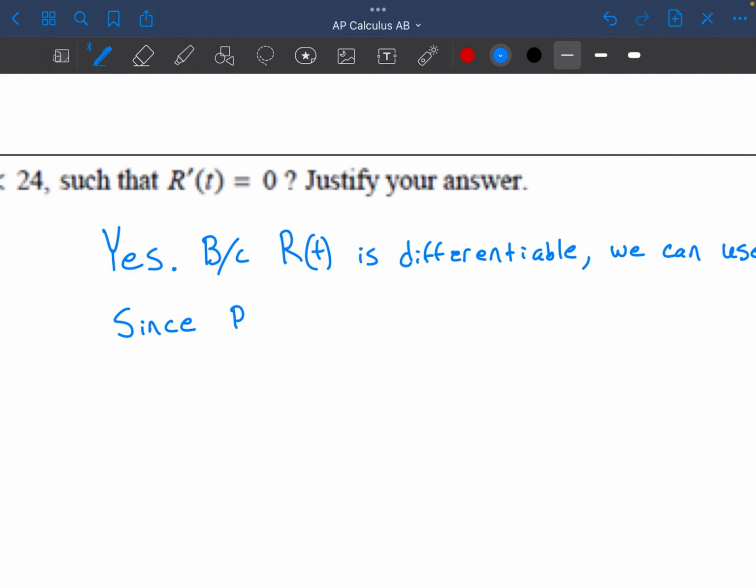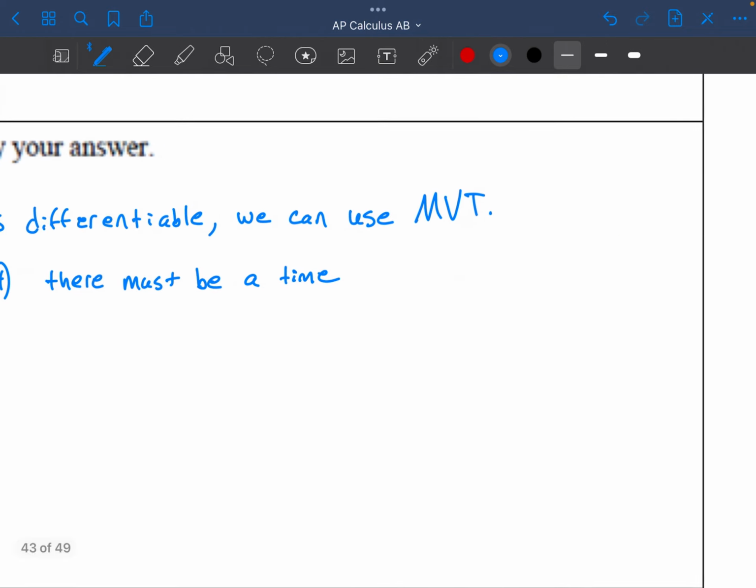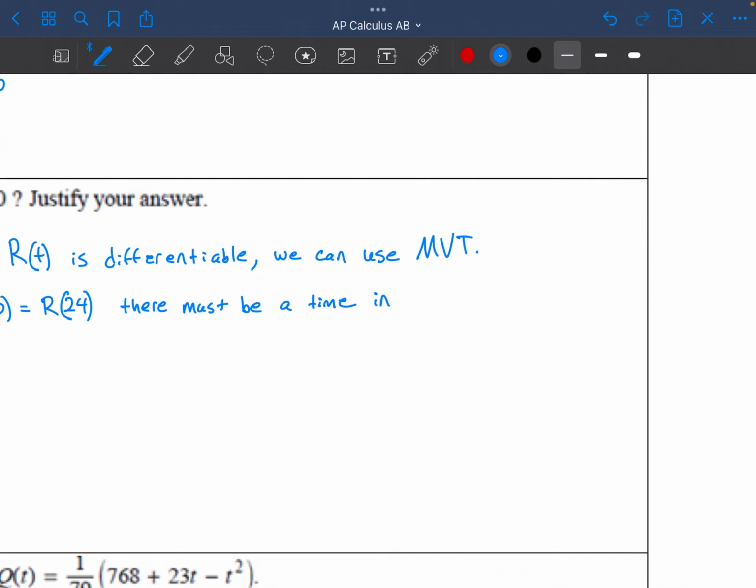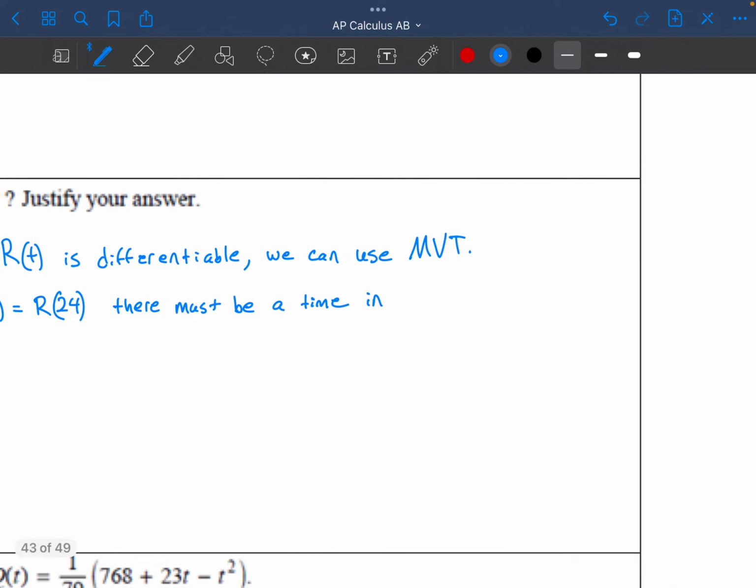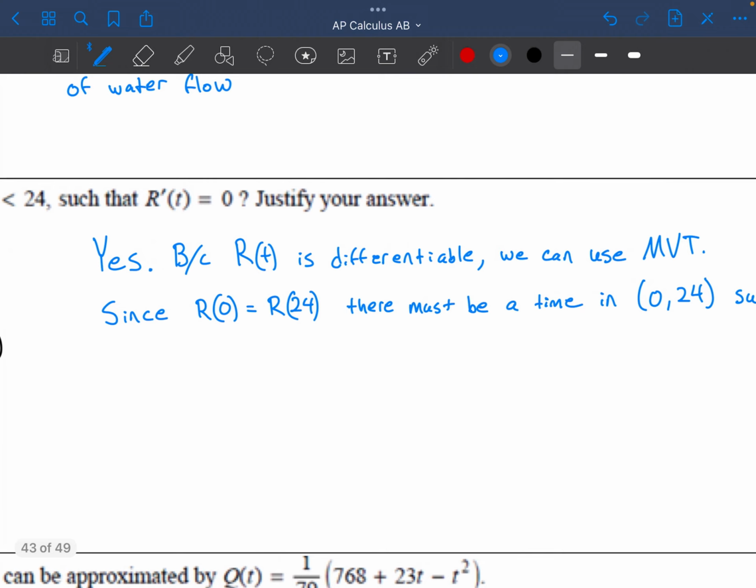Since R of 0 is equal to R of 24, there must be a time in the interval between 0 and 24 such that R prime of t is equal to 0.